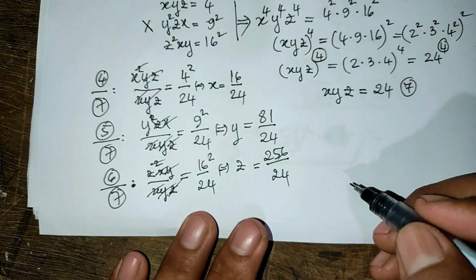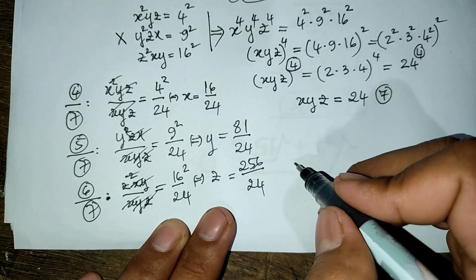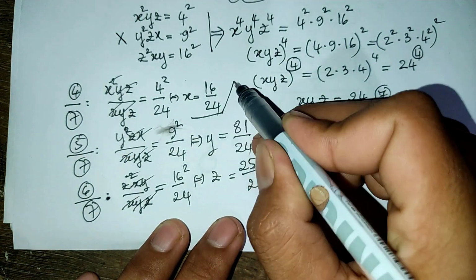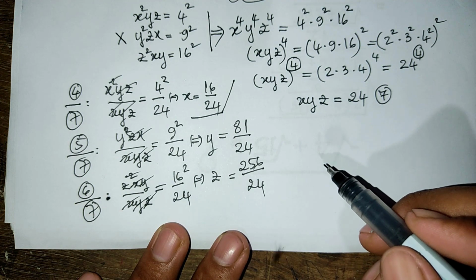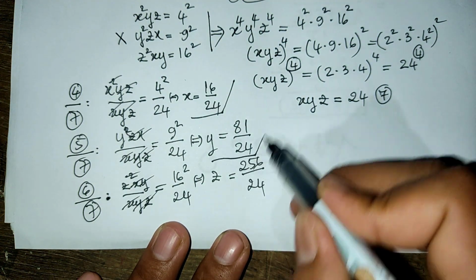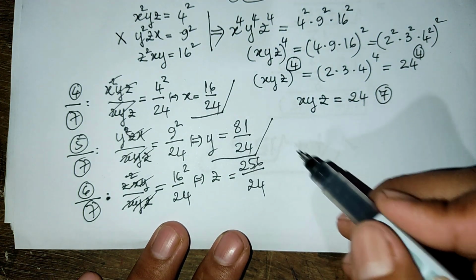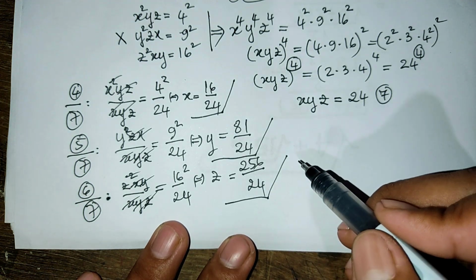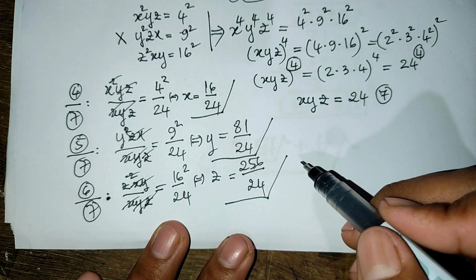Now we get the values: x equals 16 divided by 24, y equals 81 divided by 24, and z equals 256 divided by 24.